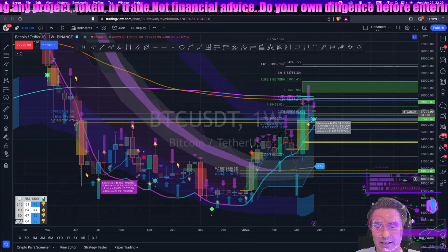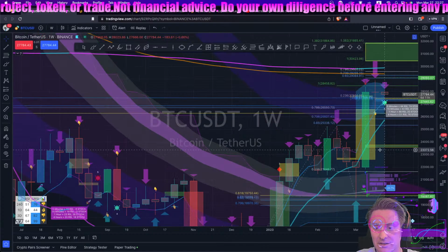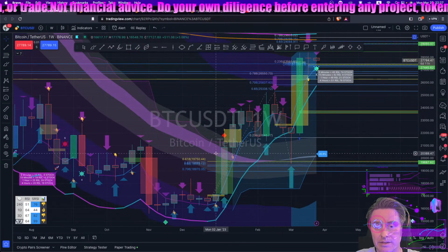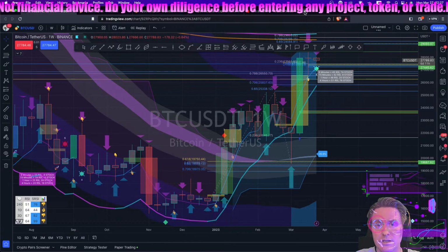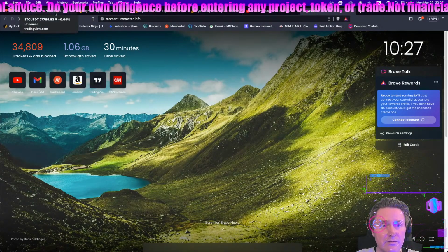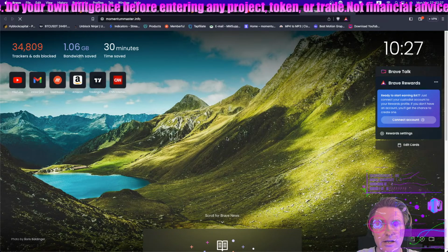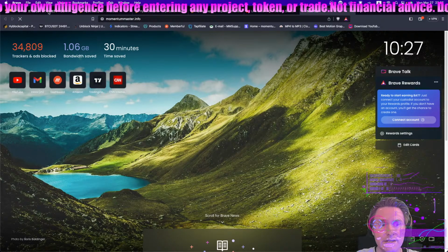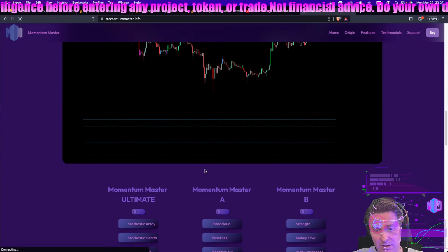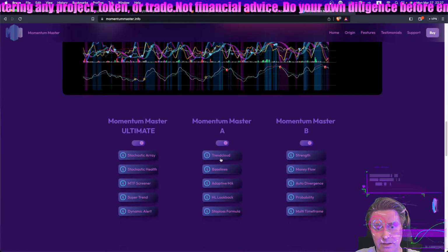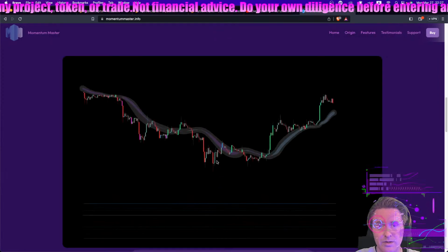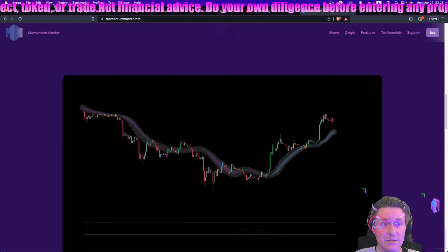Alright, so let's see. We previously saw this turn in the cloud. What is this indicator I'm using? MomentumMaster.info, at your leisure, you can check it out for more details. Go down to the bottom, toggle through the interactive HUD, heads-up display, and you can see each of the components and what the trend cloud means, for example.